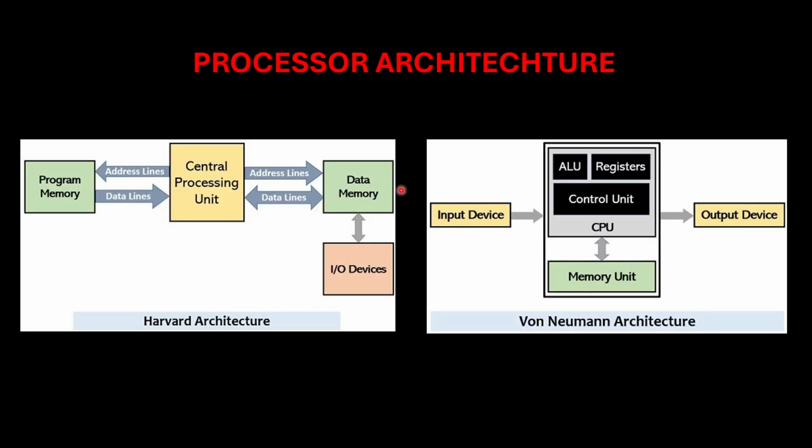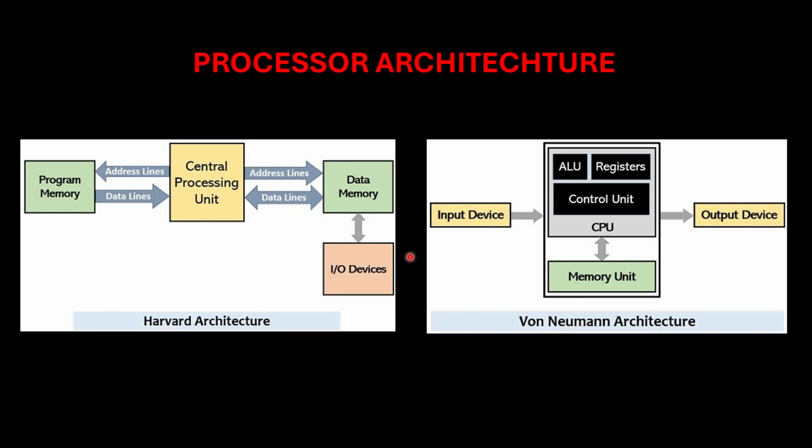But first of all, we have to know what is the architecture of the processor that we are using. You know, in the world of processors, there are two different types of architecture. On the left side, we have the Harvard architecture, and then on the right side, we have von Neumann architecture.